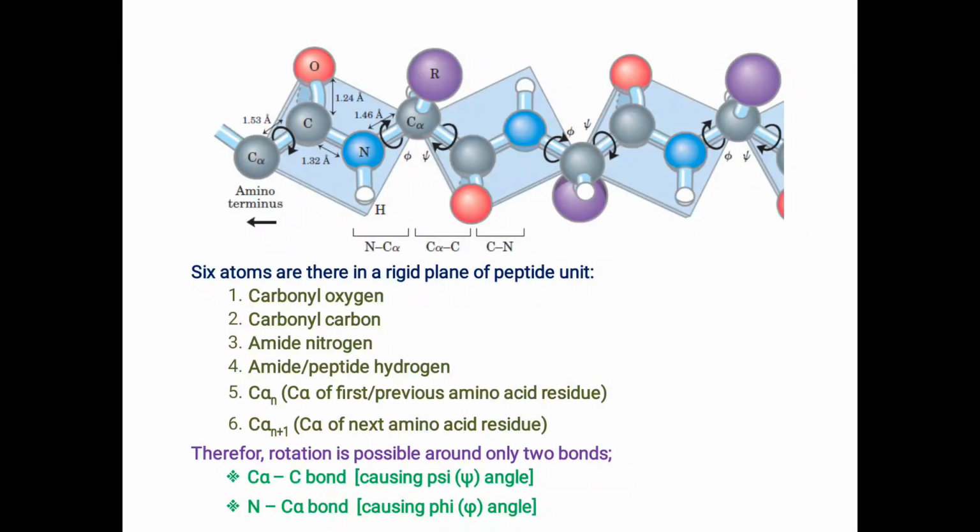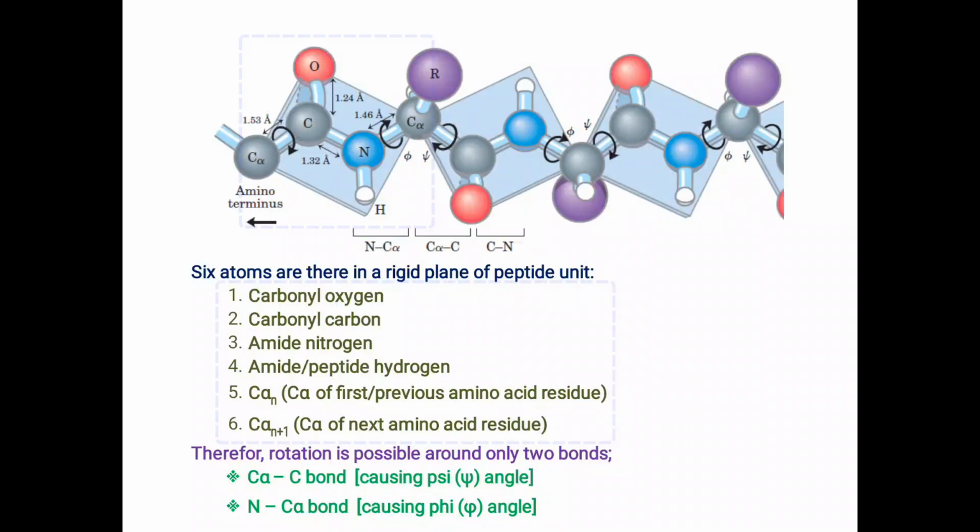So, we can see here, just because of no rotation around the peptide bond, the C-N bond, there are 6 atoms which lie in the same rigid plane of the peptide unit. Okay. So, what are those atoms?